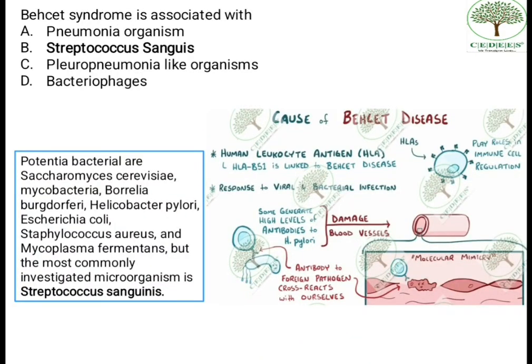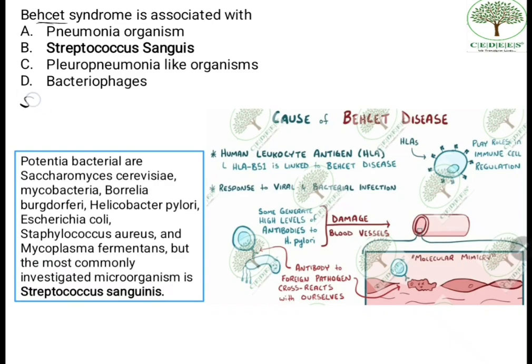Now the next question is, Behçet's syndrome is associated with which organism? Behçet's syndrome is basically a chronic inflammatory condition in which there is systemic inflammation or vasculitis of all the important blood vessels in the body. So it's a generalized systemic vasculitis, and commonly it is also called the silk route disease, because in the olden times there used to be a silk route which extended from Asia to the Mediterranean Sea, where a lot of silk trading used to happen, and very commonly along this route it used to occur.